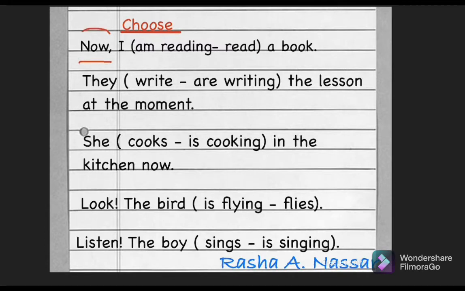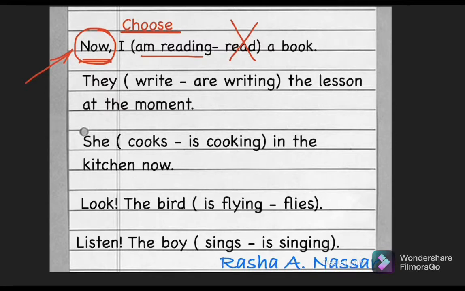So when I have now, this is the key word of present continuous tense, which consists of am or is or are plus verb plus ing. So when I see the word now, I should use am reading. So now I am reading a book. I cannot say now I read a book because I have the key word now.